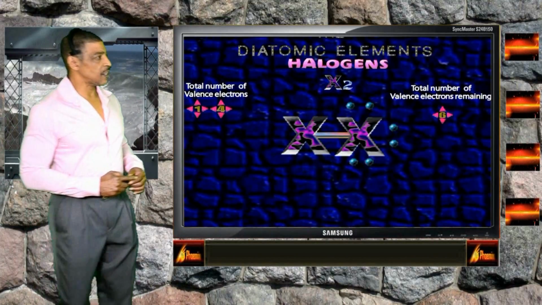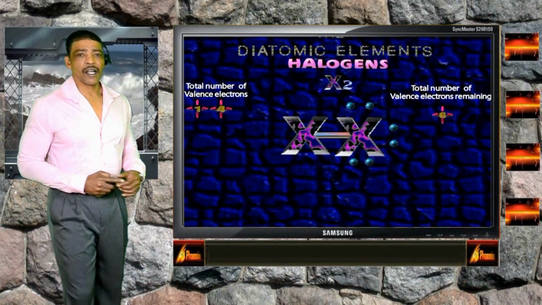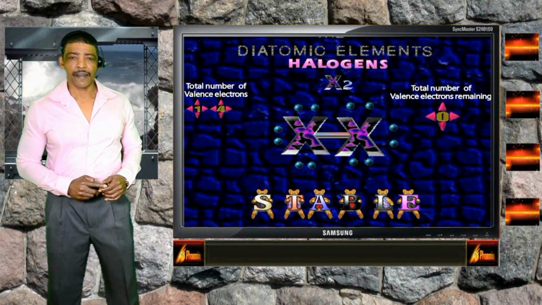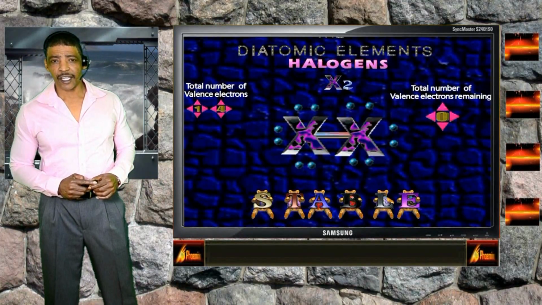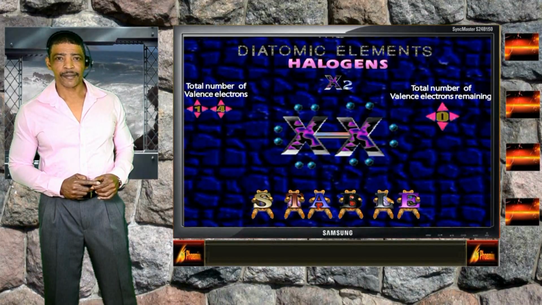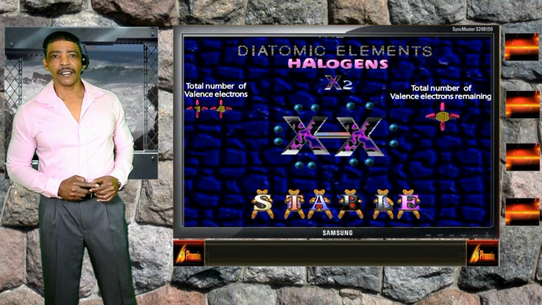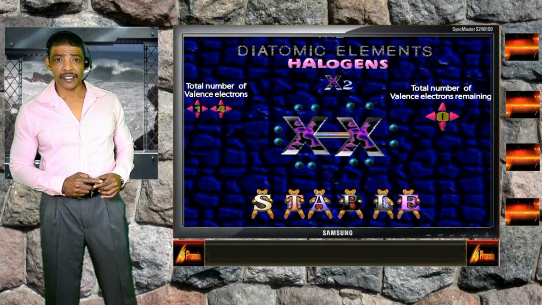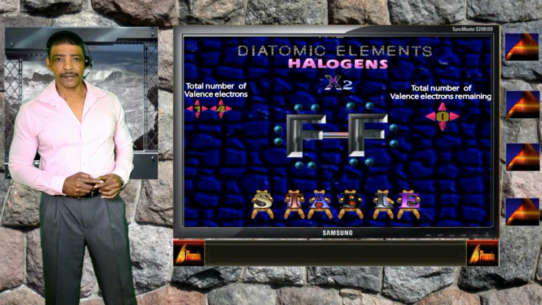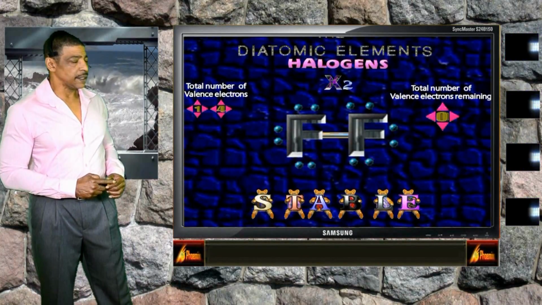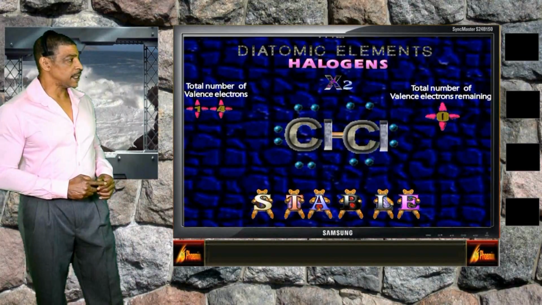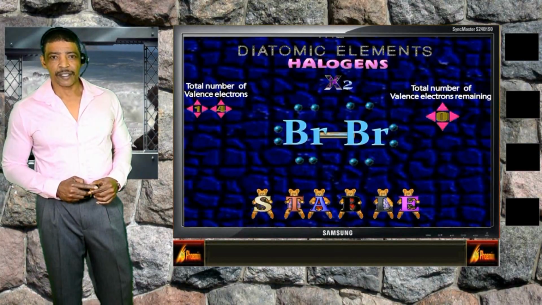This leaves 6 electrons, which are now placed around the atom on the left, creating a stable molecule. The diatomic elements found in group 17 are fluorine, chlorine, bromine, and of course, iodine.